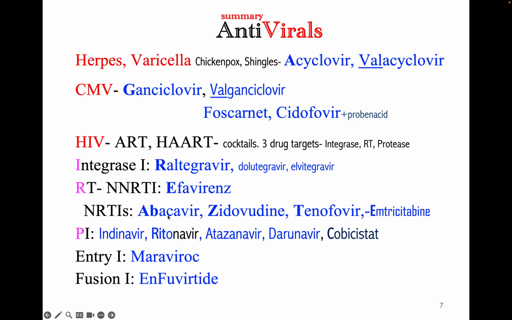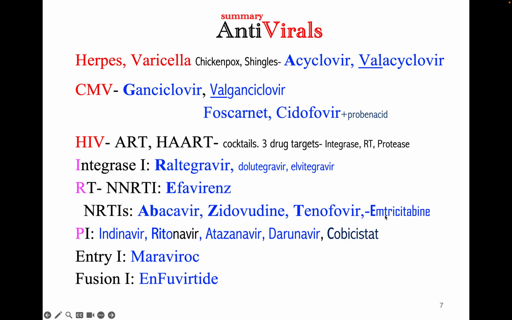Keep in mind these nucleotide reverse transcriptase inhibitors, these fake nucleotides, can be picked up by our human mitochondrial DNA. That is the reason that in HIV patients who are taking these drugs, I want you to remember four organs. Mitochondria in four types of tissues can cause adverse effects.